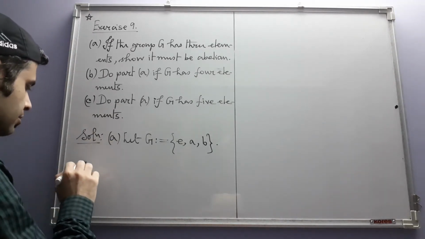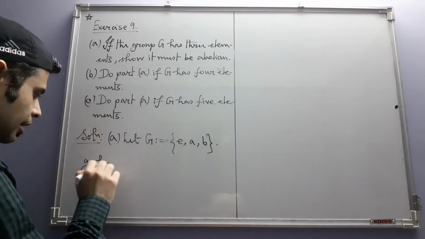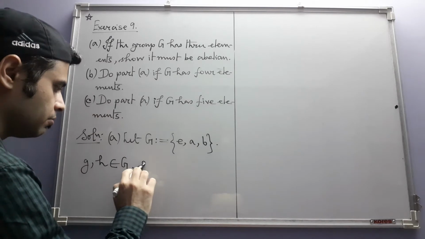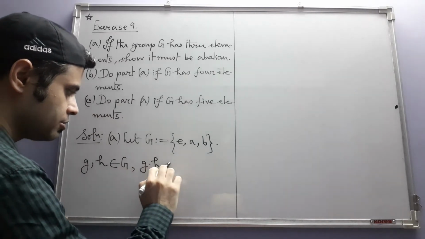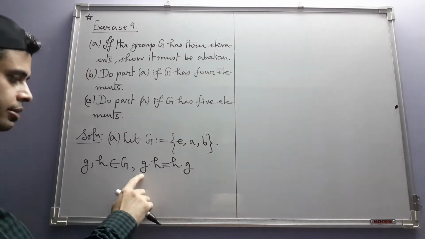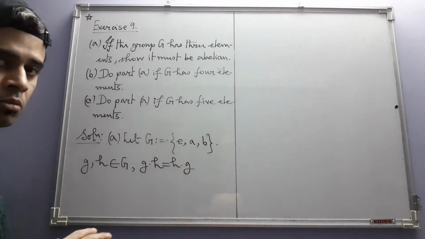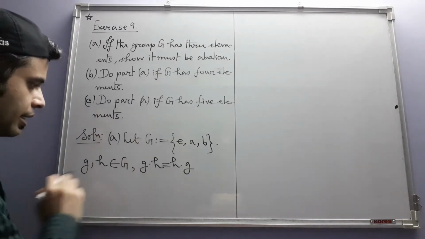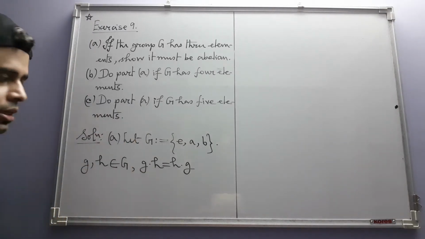That means, if we take arbitrary elements G and H in G, we have to prove that these two products are equal. In other words, that the elements G and H commute with each other. Now, there are some things that can be considered here.